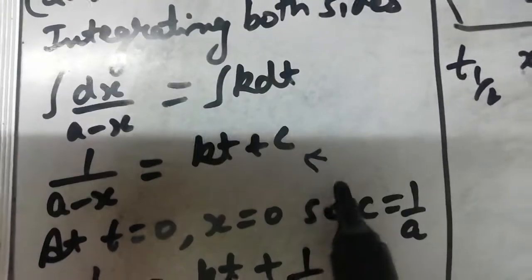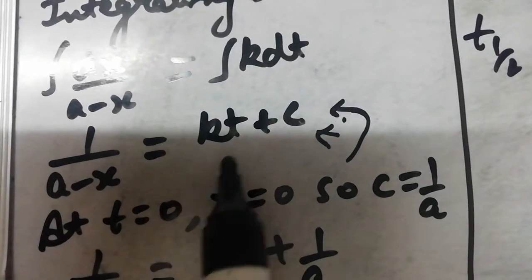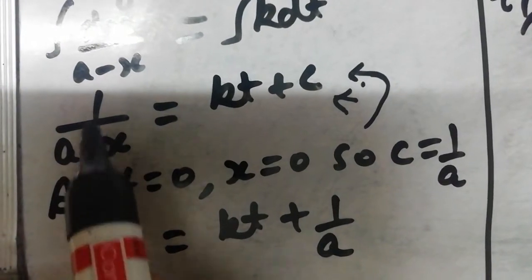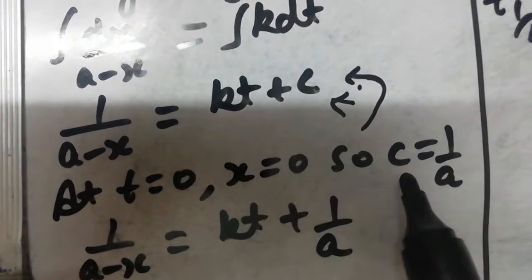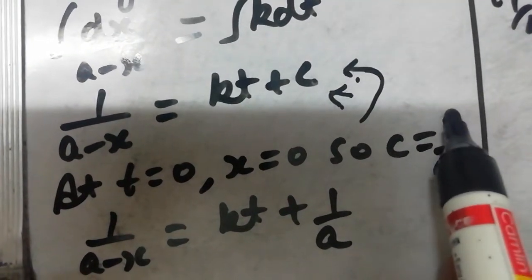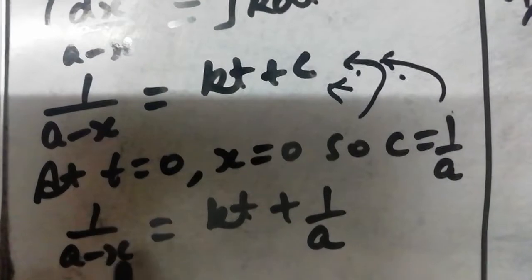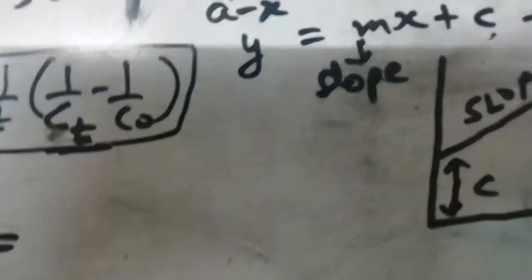Putting these values in the above equation, time t is 0, x is 0, so this becomes equal to 1 upon a. So C is equal to 1 upon a. Now put the value of C in the above equation. What you will get: 1 over a minus x is equal to kt plus 1 upon a. So this is the equation which we will get.